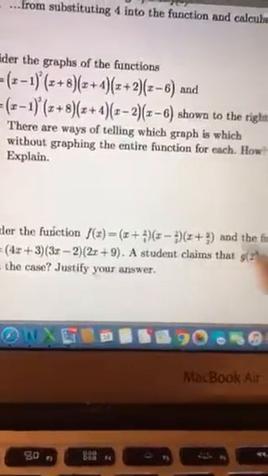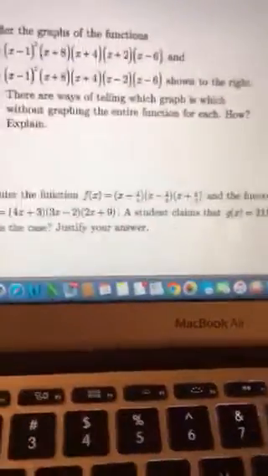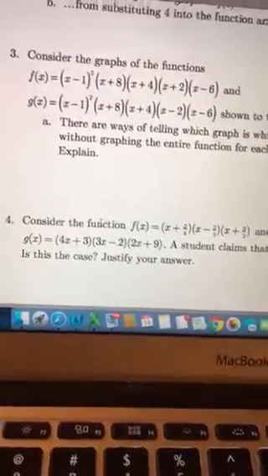This idea of factoring, I think I actually want to show you an example of this. Follow along with me. Let's take a look at number 4. All right, so number 4. Imagine for a moment I had the function f of x equals 3x plus 2 times 2x plus 5 times 4x minus 1.